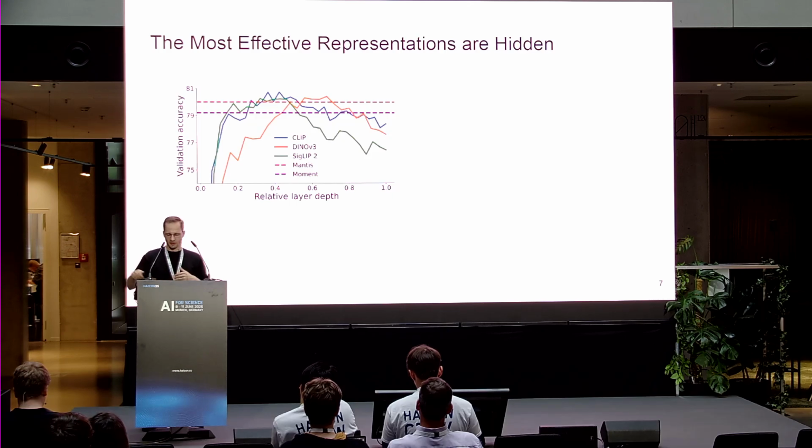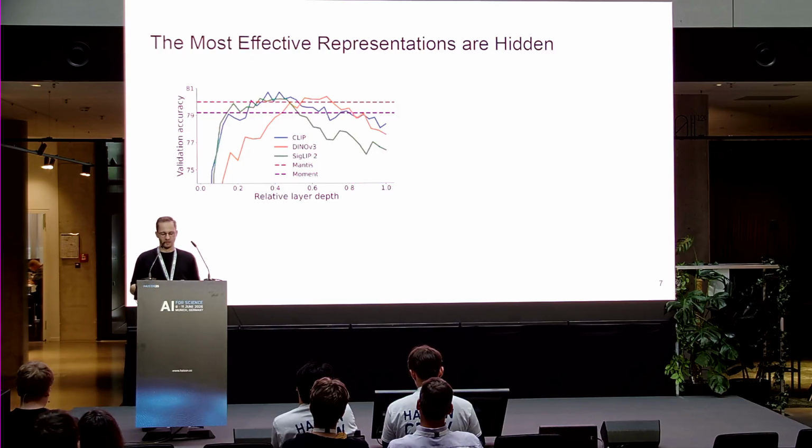Here we can see that across the depth of the vision transformer, from the input projection up to the final layer, we have the best representation somewhere in the middle of the ViT. Somewhere between 40% and 70% of the layer depth, we achieve the highest accuracy. You can also see that if we simply use the final representations, that would not really be competitive to the time series foundation baselines.